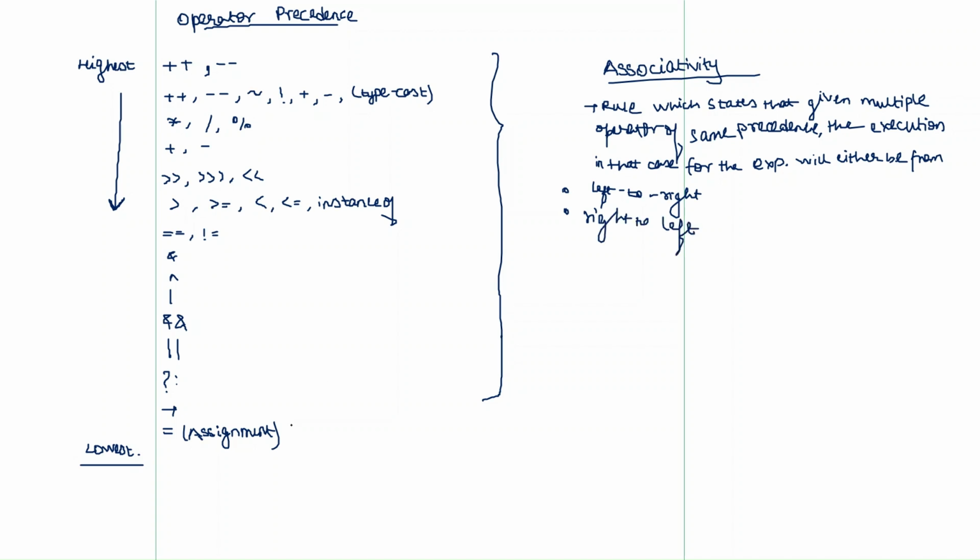Just in this case, I would like to state an example. In the case of an assignment operator, associativity is from right to left.